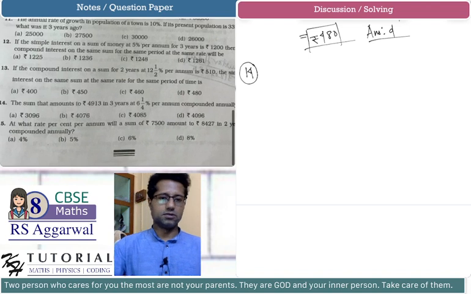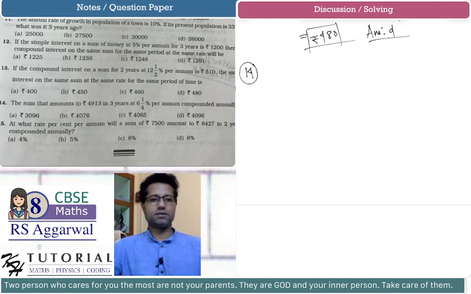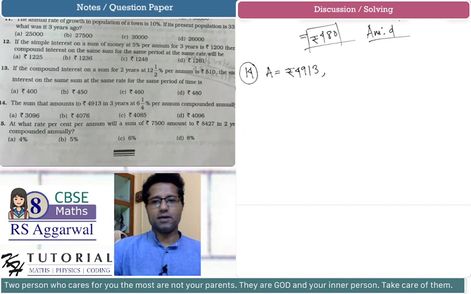Okay, so this is based on compound interest, and we have to find the sum. What is given? Amount A is given to be rupees 4913. Interest is being compounded annually. That means u is equal to 12 months.